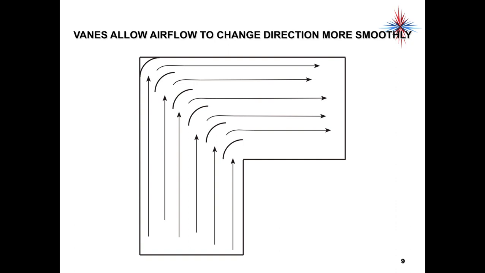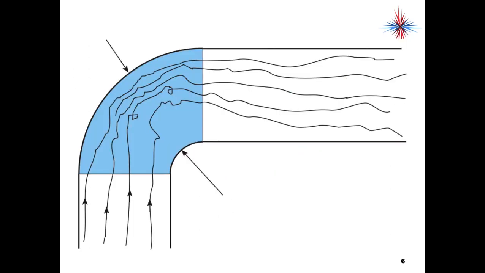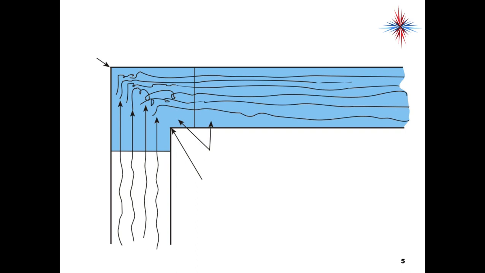What happens here with airflow is I can use a rectangular elbow or a small throat elbow, and I can install turning vanes, and those vanes will capture the airflow and allow it to continue down through the turn in an orderly fashion. In other words, you'll see that there's no turbulence here. If I go back a number of slides to here, you see there's a lot of turbulence where that change is happening.